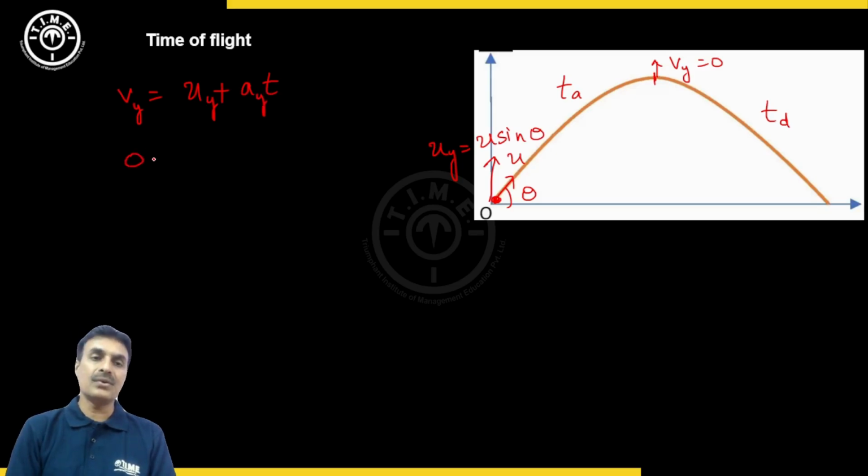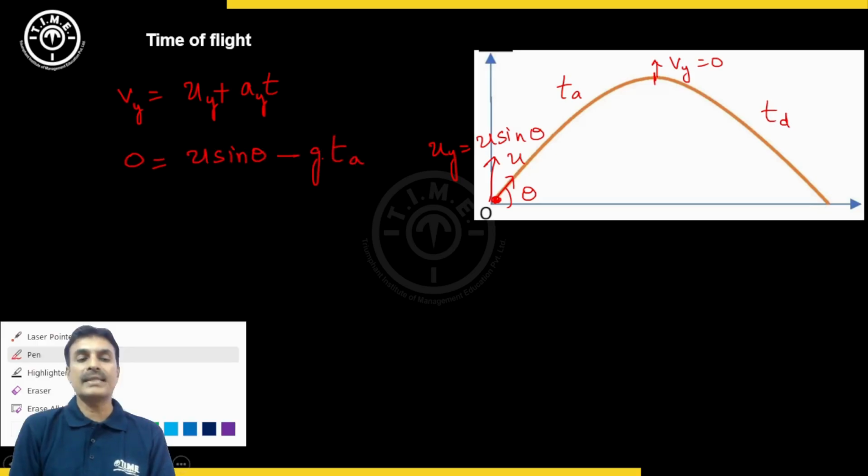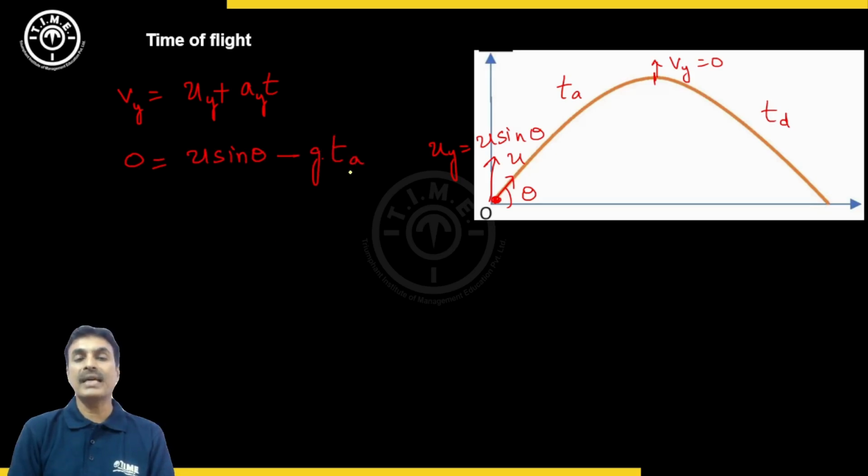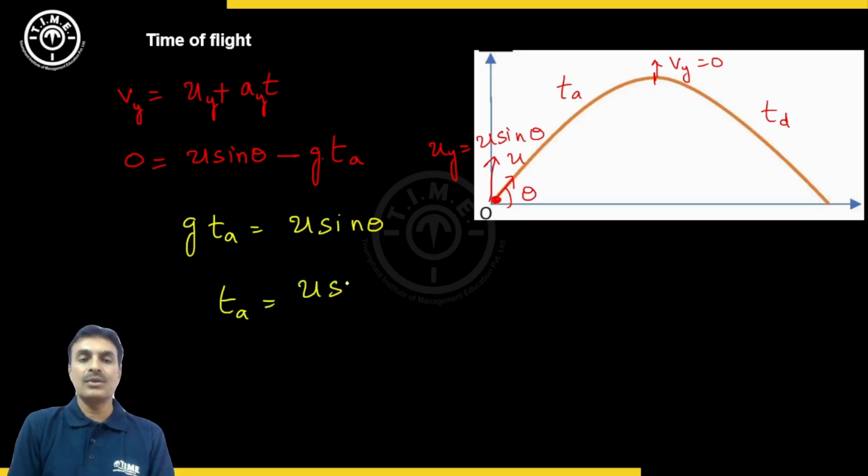So Vy is 0, uy is u sin theta, ay is minus g, and t in this case is the time of ascent. So g t comes out to be u sin theta. From this, the time of ascent is u sin theta by g.